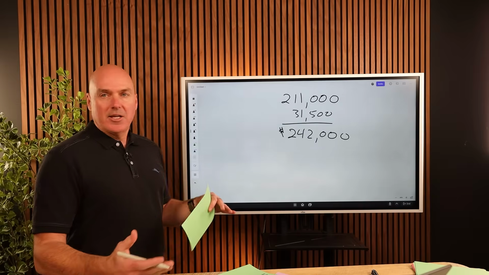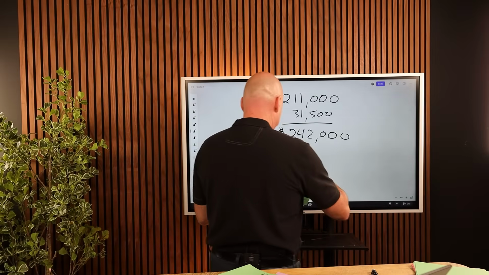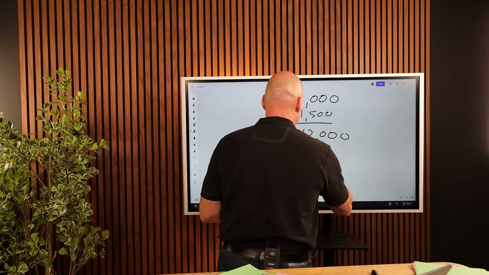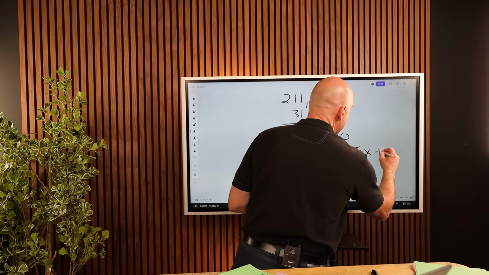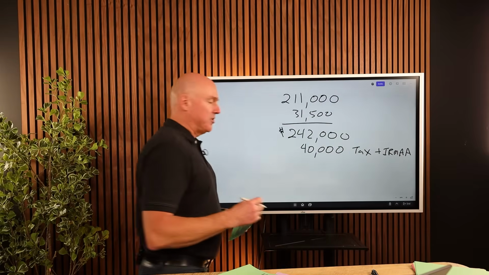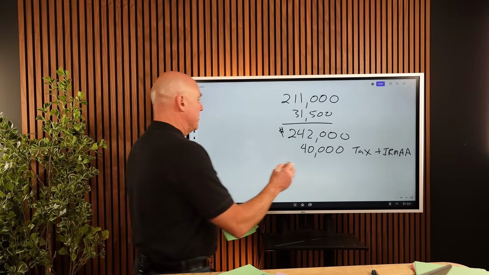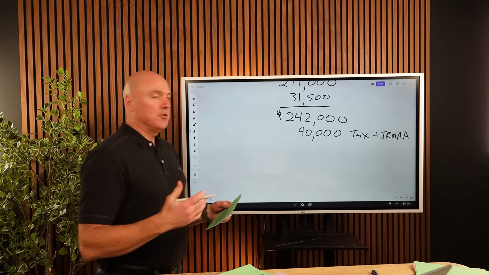So we already calculated the tax on this earlier, and as we run it through the tax table, to make this math a little bit easier, rounding off a little bit, it's $40,000 in tax plus that IRMAA that we're going to have to pay, which is about another $2,000. So that's going to basically give us about $202,000.